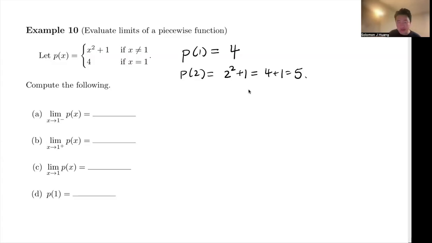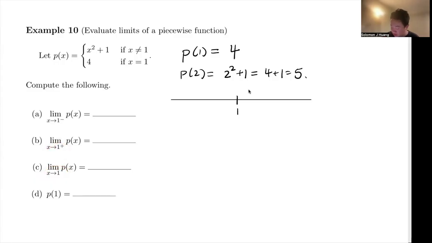When evaluating these kinds of limits, I would like to build a number line. This number line will help me see which side of X we are on depending on the context of the problem. In this problem, we're interested in evaluating the limit as X approaches 1, in these four parts.